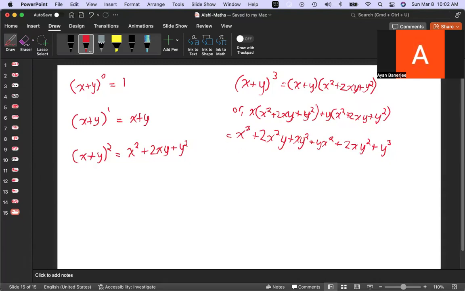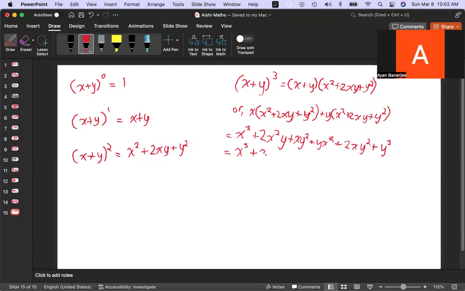Before, there's one more step before we get to the interesting part. We can shorten this to a short answer. We have x cubed plus, okay, we have 2x squared y, and we could turn this into x squared y.